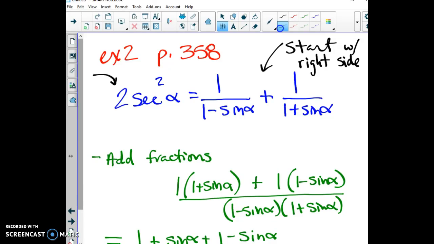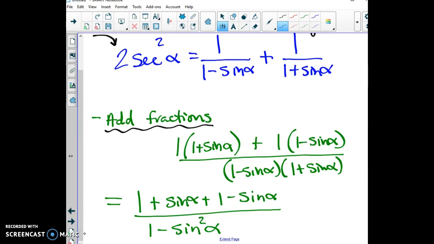So we can see on the right side we have the most complicated thing going on. We have 2 fractions. The first thing we want to do, the reminder from the first page of this lecture, was to add fractions if we could. So we're going to take the denominators and turn this into a fraction with a common denominator. We're going to multiply numerator by that, numerator by that.